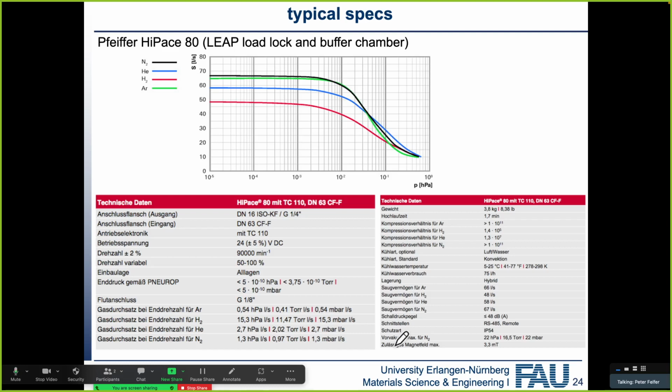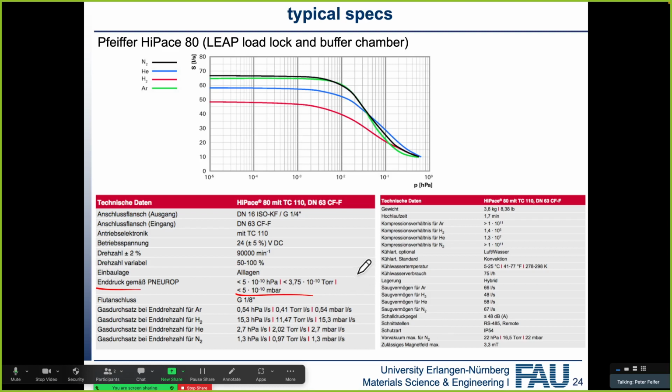Together with a backing pump, they can get you from ambient pressure down to the bottom out pressure. So you can see we're at less than 5 times 10 to the minus 10 millibar.